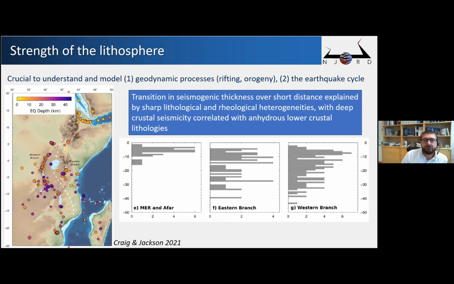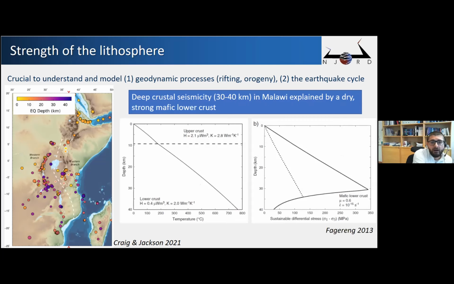So the rheological stratification of the lower crust, or the crust in general, clearly plays a fundamental role when it comes to the distribution of earthquakes. This has also been discussed by Åke Fagereng in 2013 when investigating the distribution of deep earthquakes in Malawi.